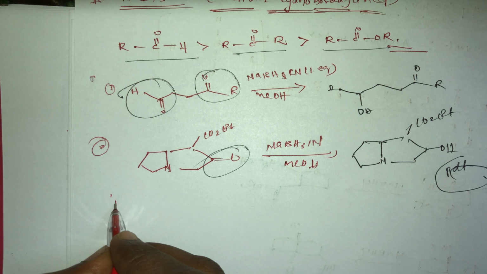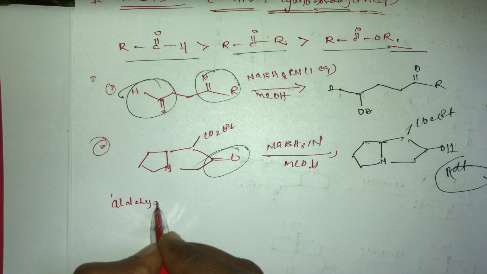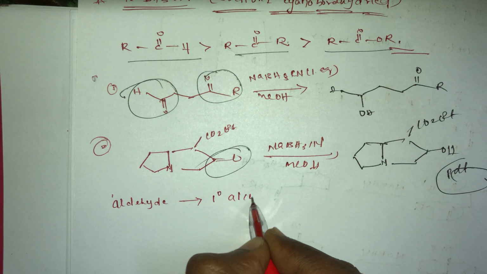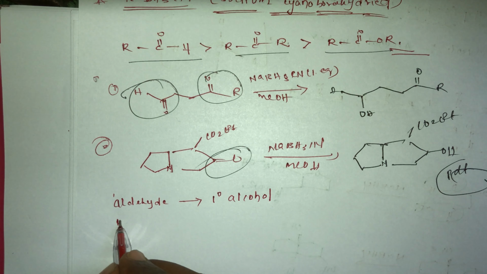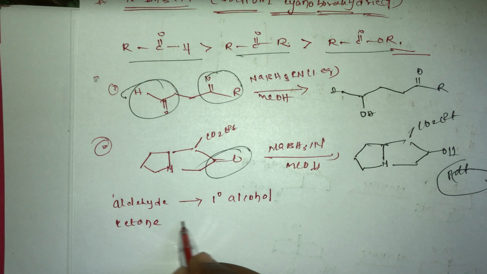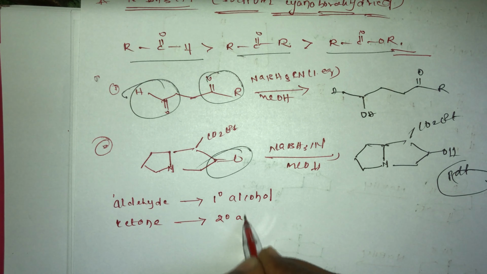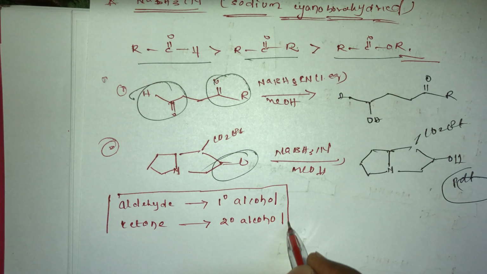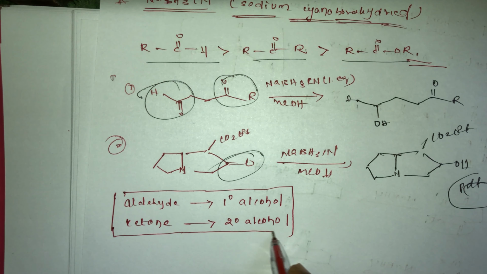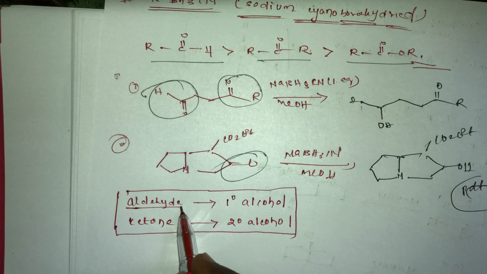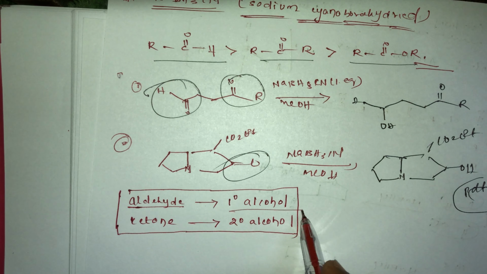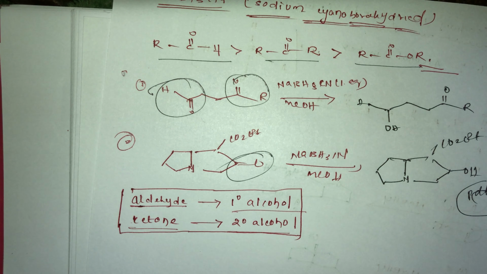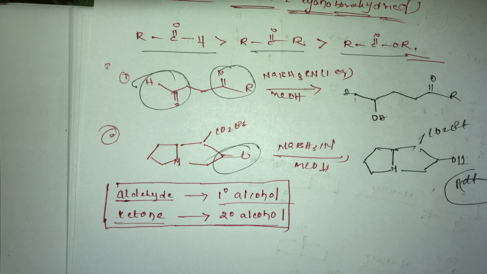If you are reducing aldehydes, then we get primary alcohols. If you are reducing ketones, then we get secondary alcohols. This is the main point. You should understand what is being reduced and everything. Aldehydes reduce to primary alcohols, and ketones reduce to secondary alcohols.